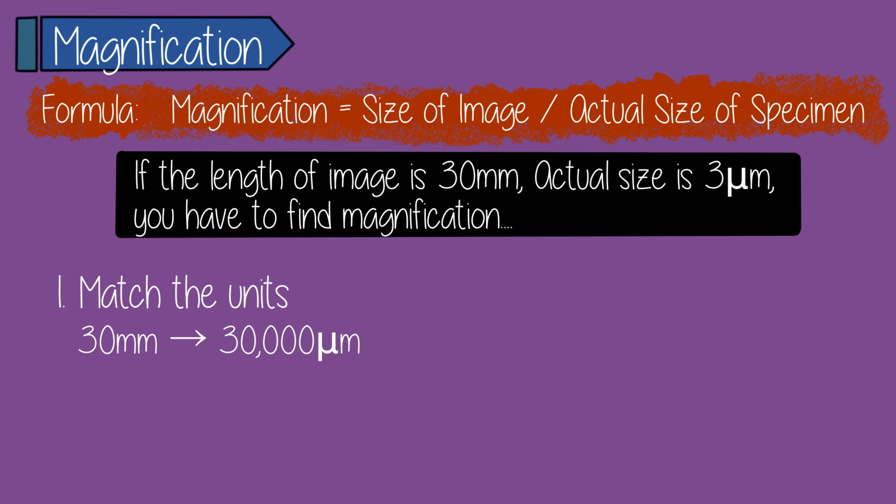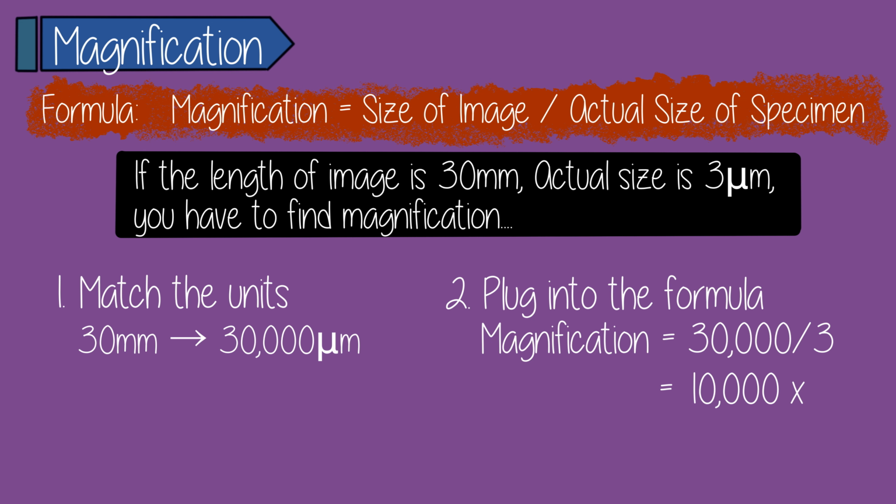Hence, by plugging it into the formula, it becomes magnification equals 30,000 micron divided by 3 micron. Hence, the magnification is 10,000 times. Calculation might be difficult, but try to start by remembering the formula.